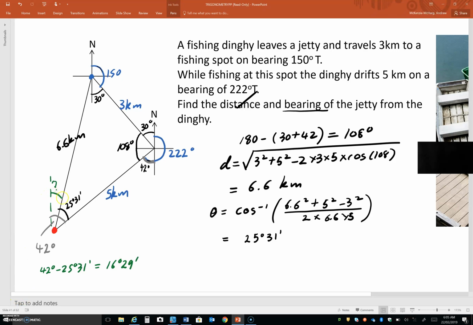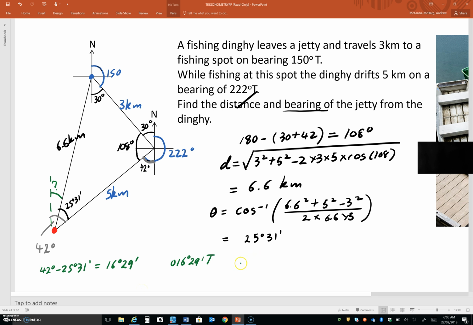So now that we know the angle from north, it's pretty manageable to write this down as a true bearing and even a reduced bearing. Maybe you want to stop and see if you can write those bearings down. Okay, so the true bearing is 16 degrees 29 minutes true.